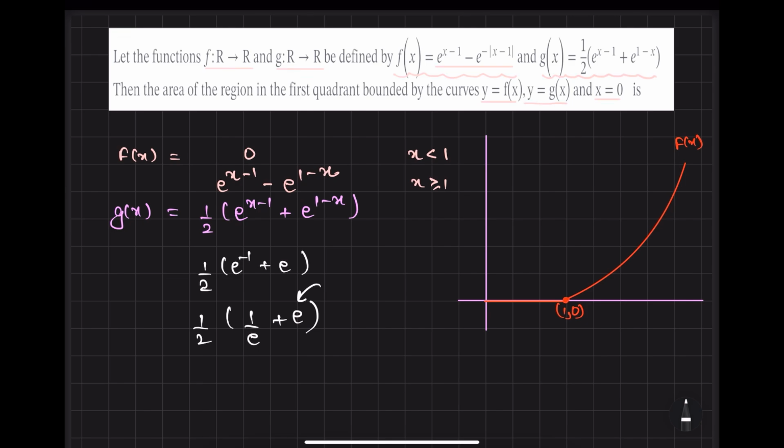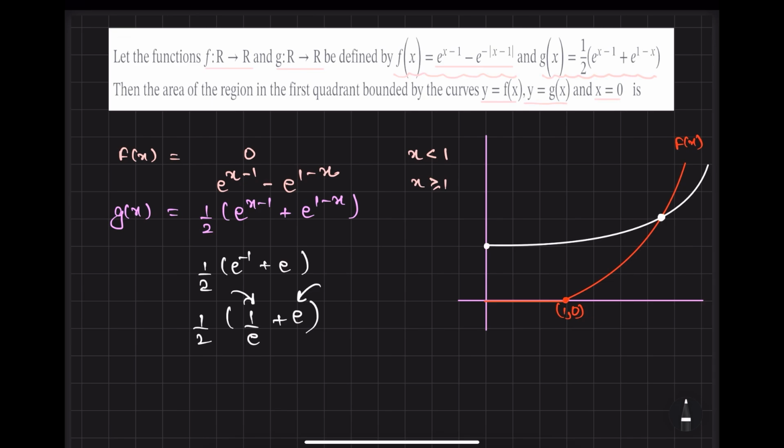So it is 2.71. It is some positive number, so it will be above the x-axis only. Correct? So suppose it starts from here. Okay, we are interested in x coordinate only, so we will not write down the y coordinate, and it will intersect. It is also increasing. It will intersect somewhere over here, suppose.